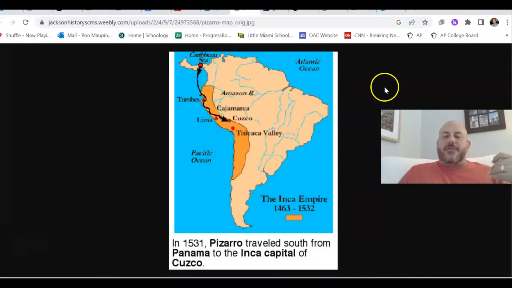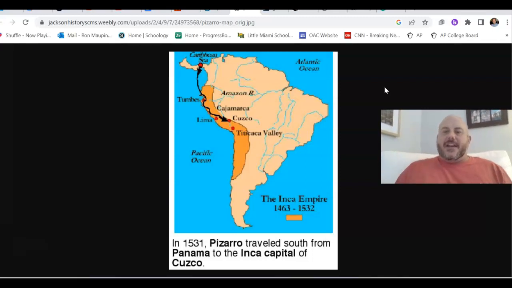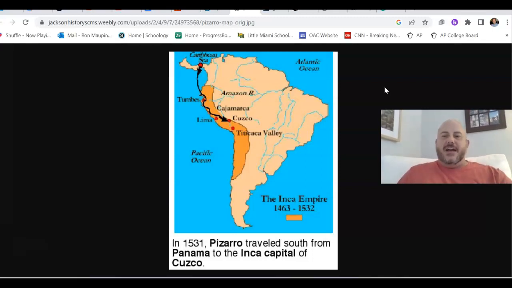So understand, through these exploratory missions and endeavors, you're going to be seeing that Spanish power is going to spread dramatically across the globe and devastate native powerful civilizations, and will allow Spain the opportunity to reap the benefits of their conquest, being able to exploit native products, crops, as we'll talk a little bit later, exploit the vast resources of a little bit of gold, but a lot of silver as well.